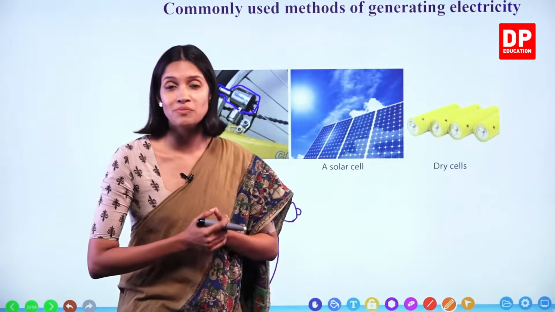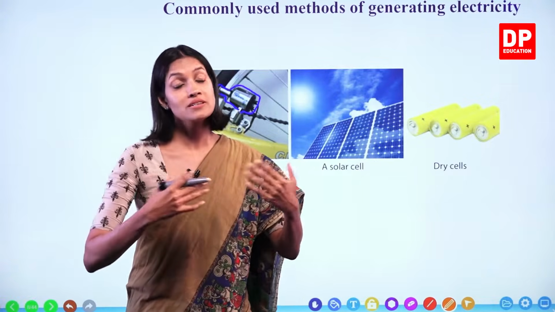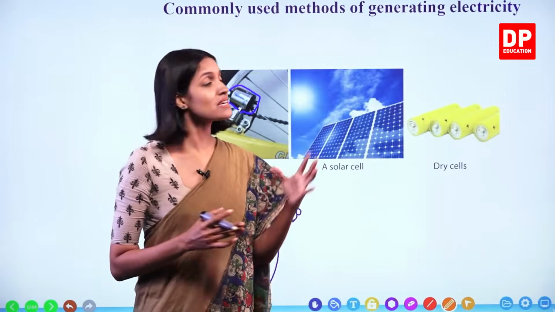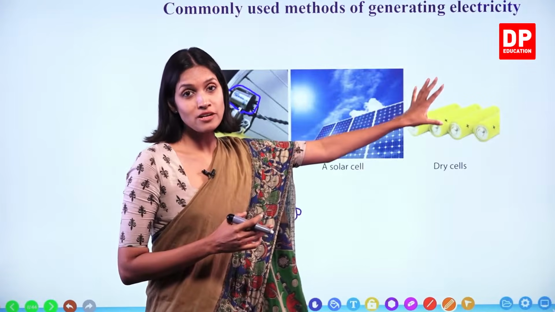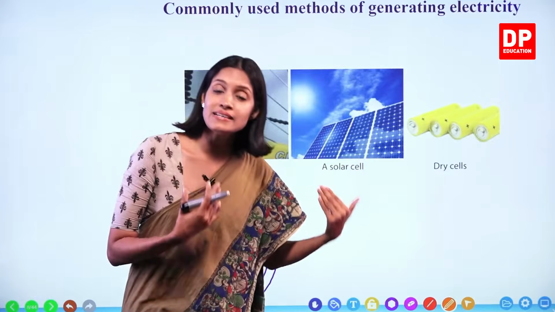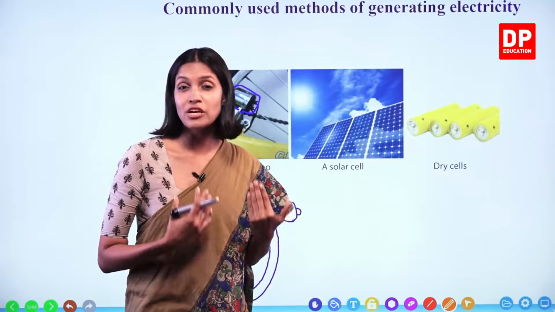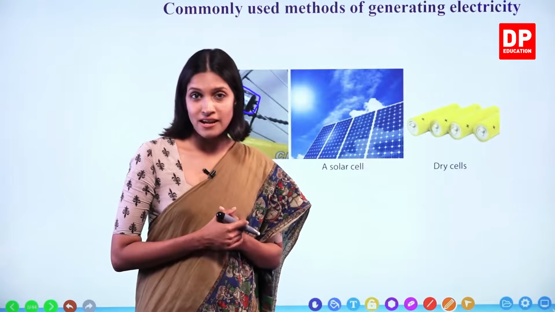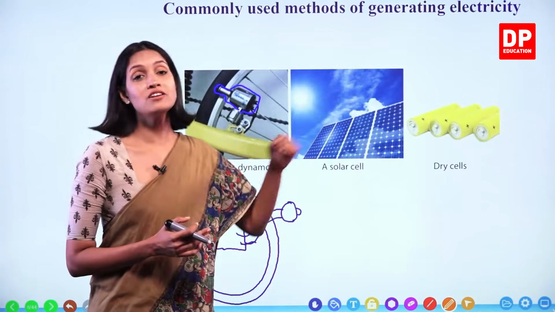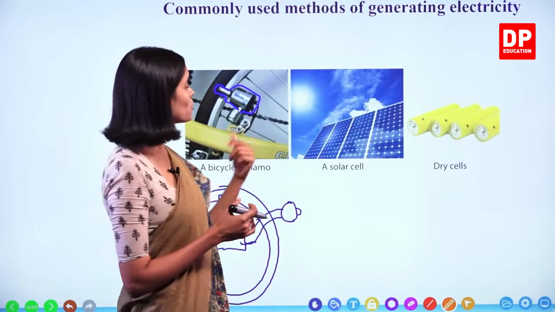Different chemicals react with each other and chemical reactions take place and electricity is generated. So basically cells and batteries, right? In normal day-to-day life we use different types of cells and batteries. They generate electricity using the third method, using chemical reactions. Right, children? So we are going to learn about these three methods more from hereafter using experiments as well. We'll move on to the next.